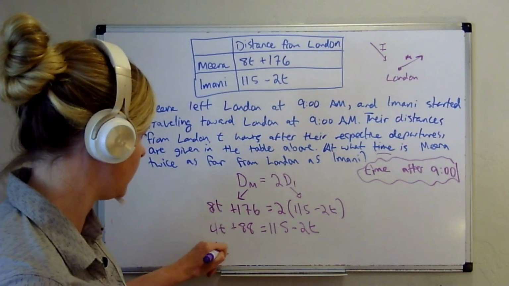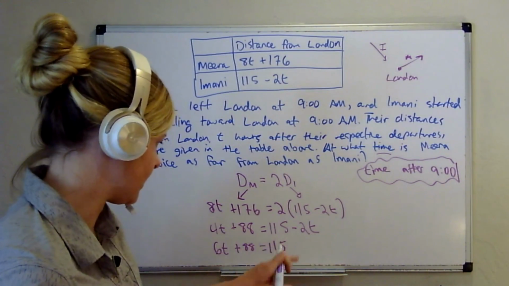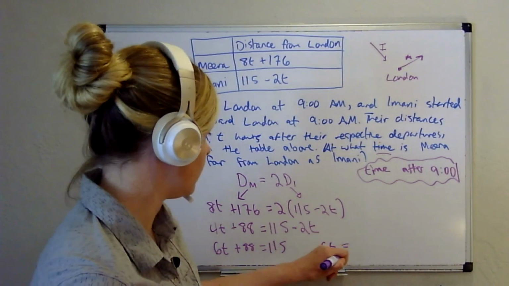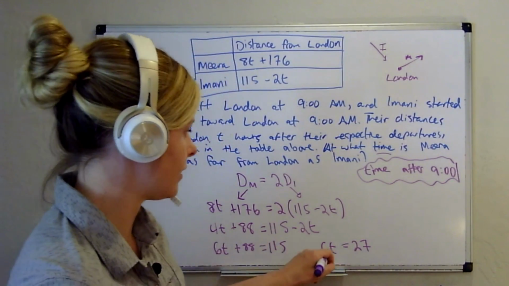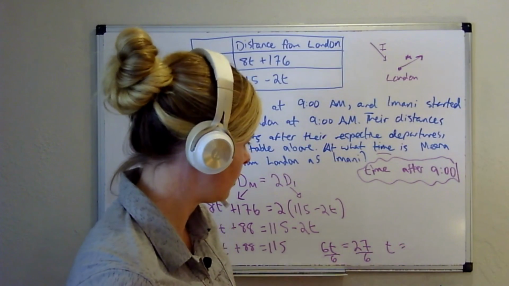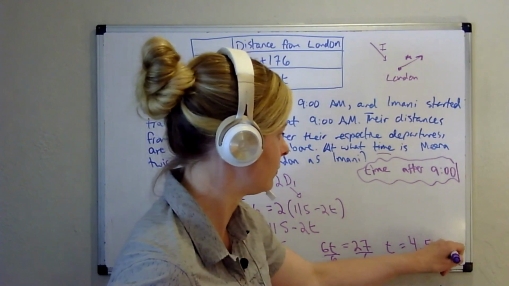So we'll get 6t plus 88 is equal to 115. And we'll go ahead and subtract our 88. We are left with 6t is equal to 27. And from there, we can just go ahead and divide both sides by 6. When we do that division, we see that t is equal to 4.5 hours.